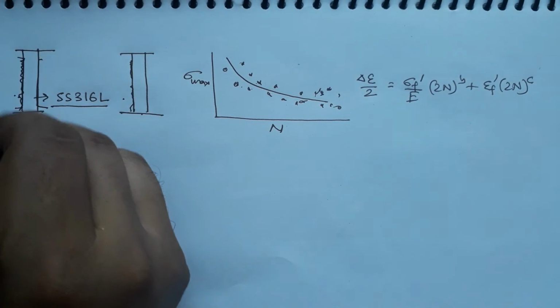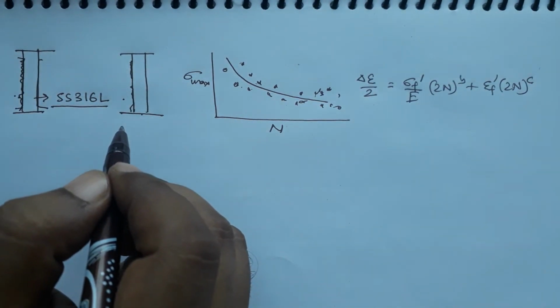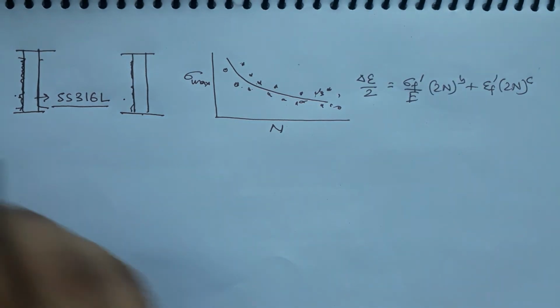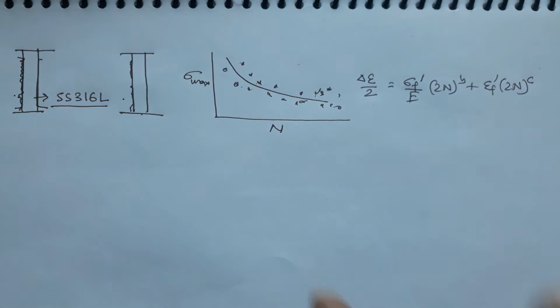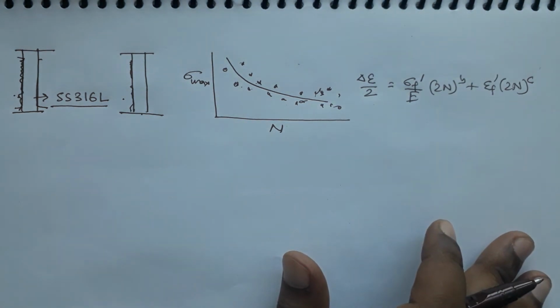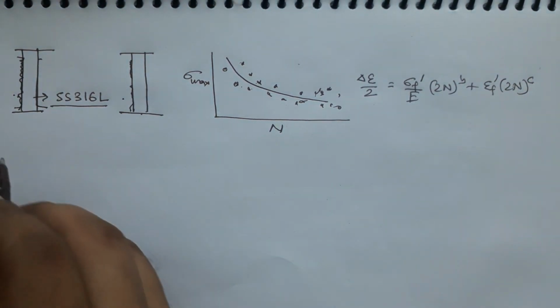So, we do not want to have surface roughness in the specimen. We have polished it to the limit which is also economic and not very effortful to do.